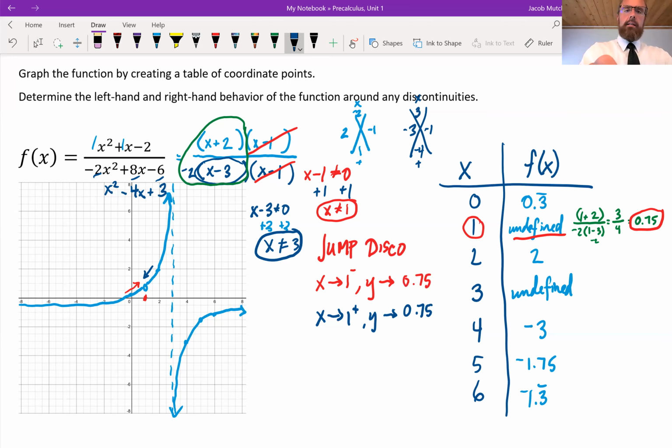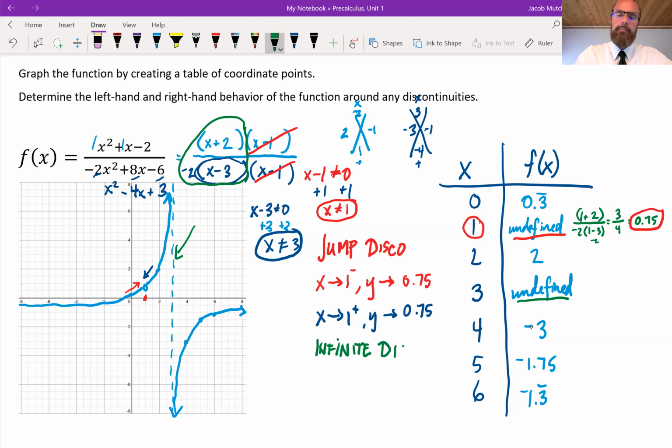Okay, so our second discontinuity here is at positive 3. And that one was when I set the denominator equal to 0 on the part that didn't cancel. So what kind of discontinuity is that when we have a vertical asymptote? Is it a jump discontinuity? Is it an infinite discontinuity? Or is it a removable discontinuity? Excellent. It's infinite. Infinite discontinuity.